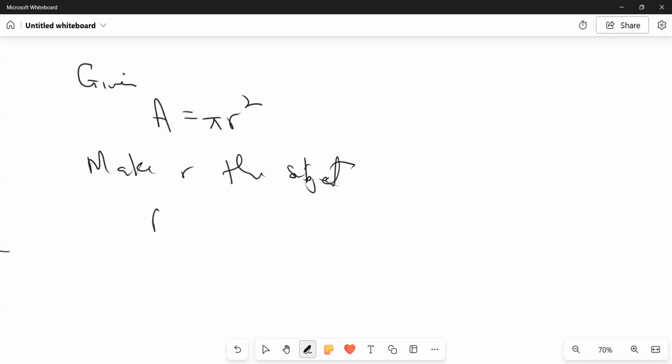So you get A over pi equal to R squared. You divide because pi is multiplying, so you take it over and divide. And then you square root both sides to get rid of the square. So you end up with the square root of A over pi equal to R. Right? So your answer is that.